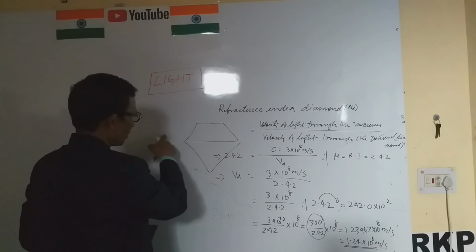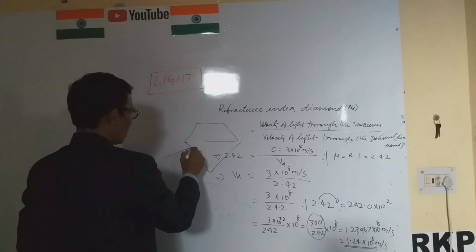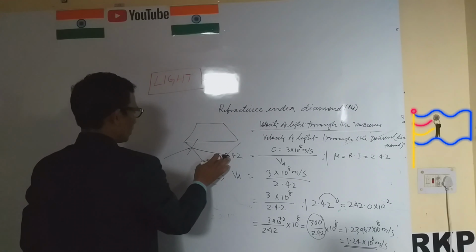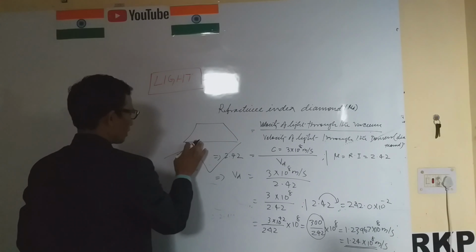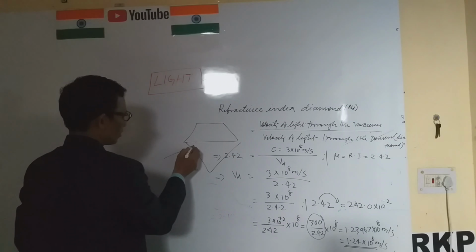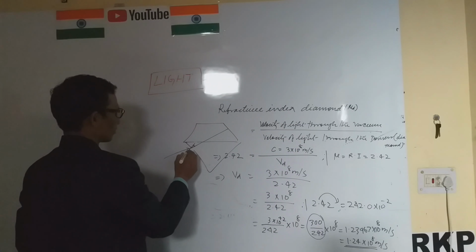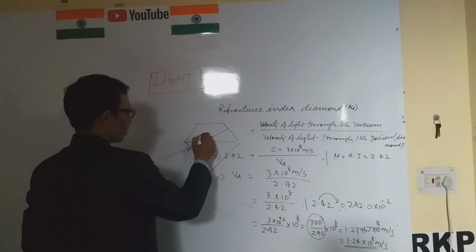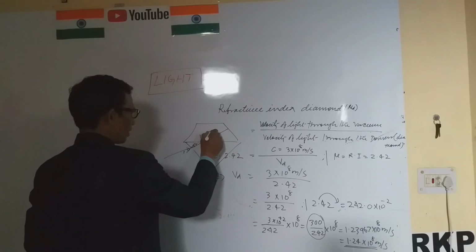When the light travels through this, suppose this is the normal incident, then the velocity of light is 1.24 into 10 to the power 8 meter per second.